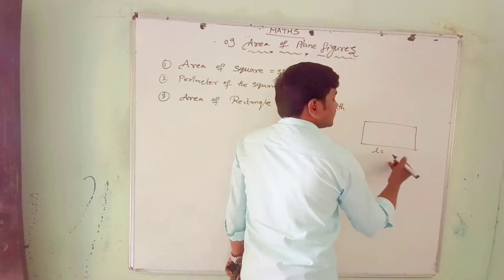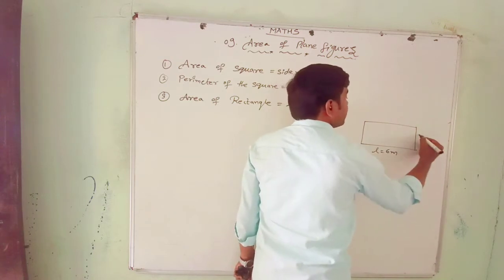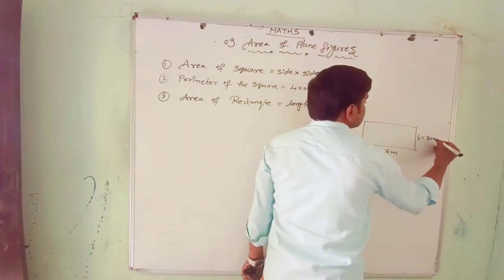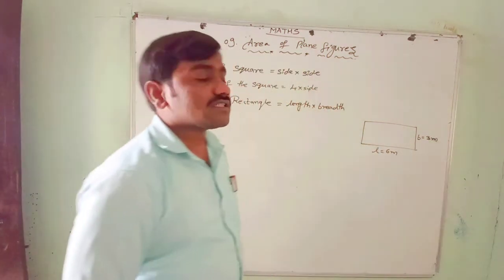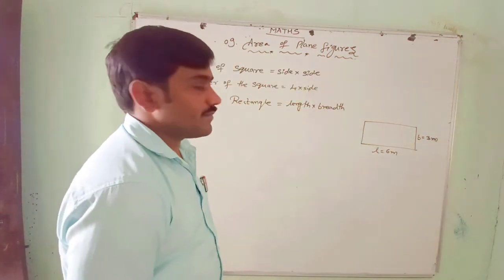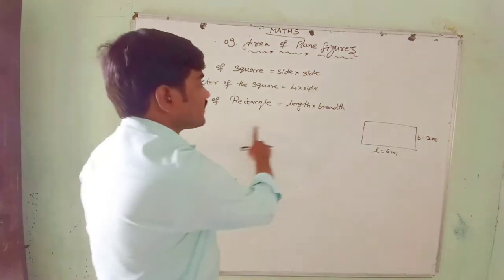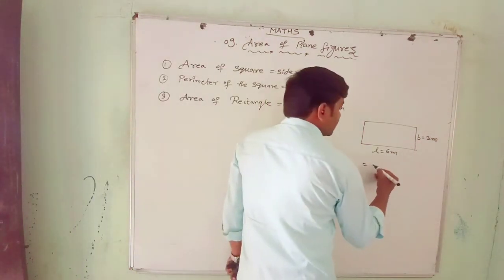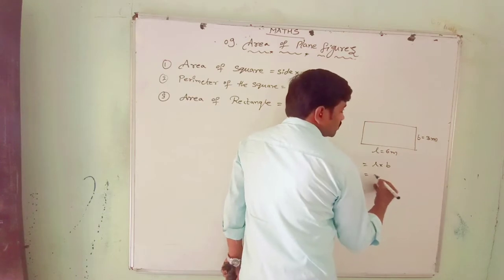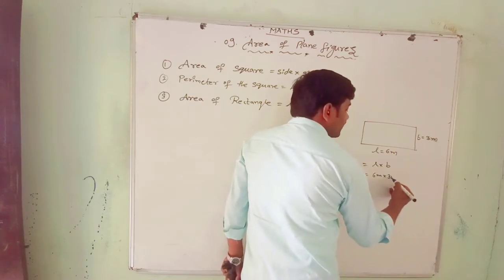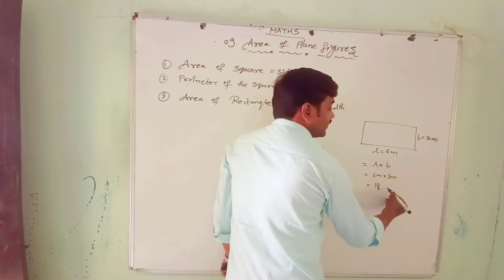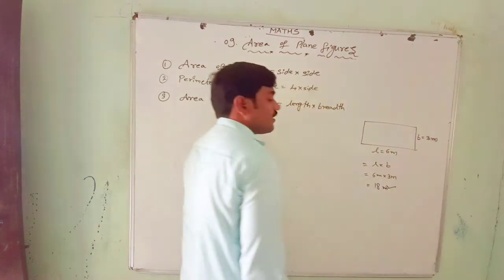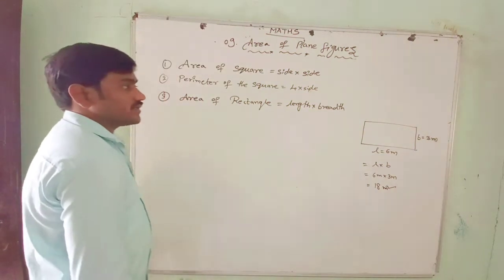The length and breadth of the rectangle are 6 meters and 3 meters respectively. Let us find the area of the rectangle. Area of rectangle formula, L into B. So that is 6 meters into 3 meters. 6 3s are 18. Meter into meter, square meters or meter square, however you can write.